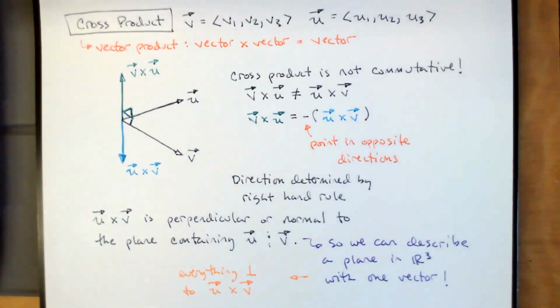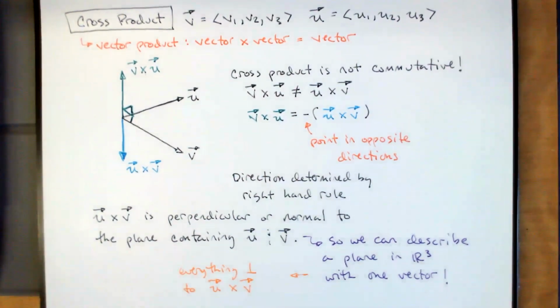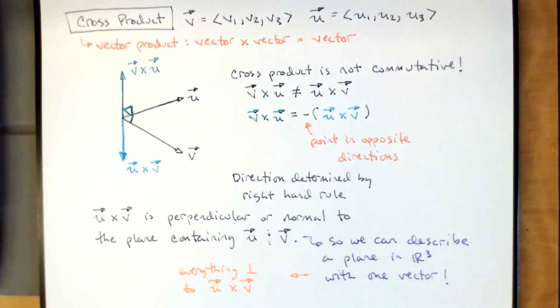We can describe a plane with two vectors, or we can describe a plane with just one vector. That's a big increase in technology.